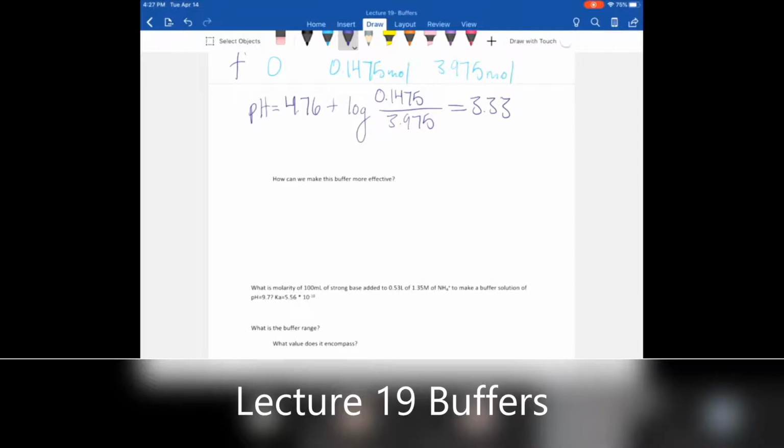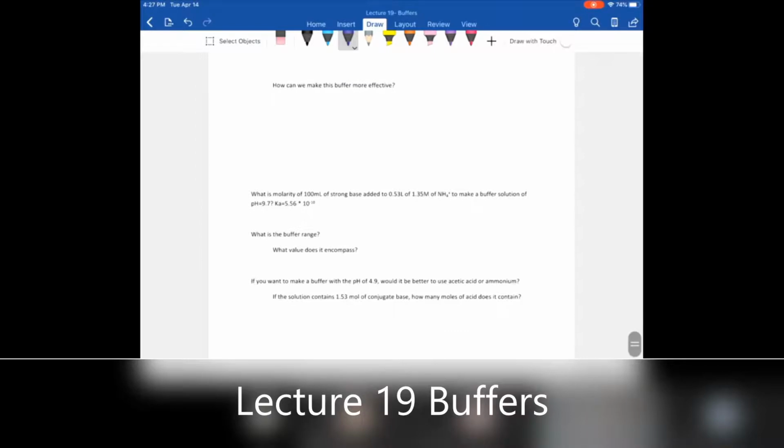Having a 1-to-1 ratio of acid and base is really the best thing you can do for a buffer. So this would be HA to A minus equals 1 to 1.